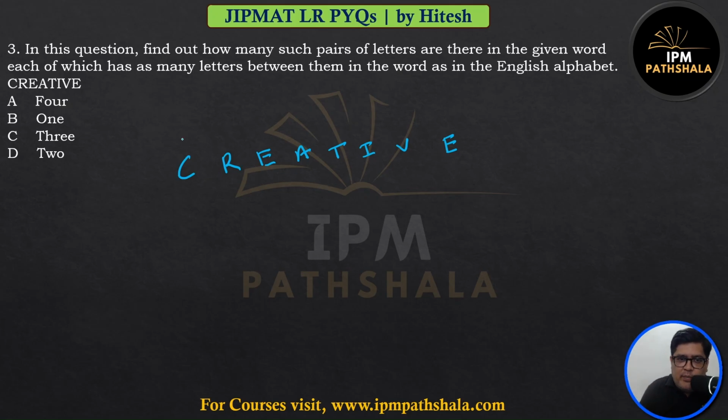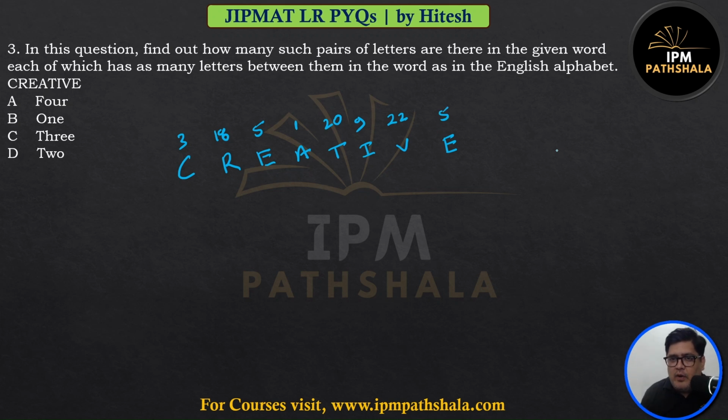Let us try the numbers approach. The position for C is 3, R is 18, E is 5, A is 1, T is 20, I is 9, V is 22, and E is 5.